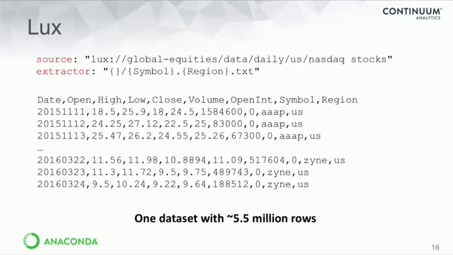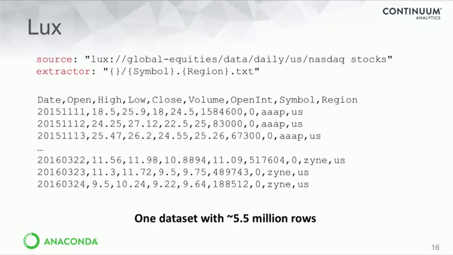Lux is a new capability in the Anaconda platform, and it allows us to describe this. We have a very simple URI where we say here is a directory structure, and we have a way to describe both the directory structure as well as the actual file name itself and extract that seamlessly into the data set.